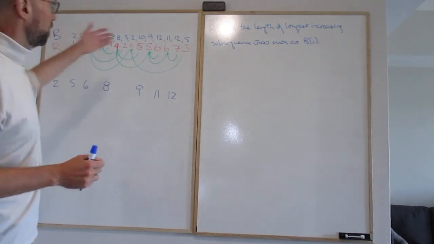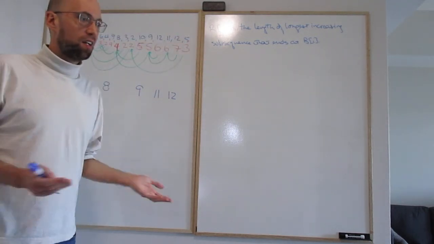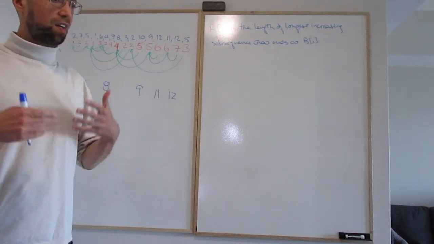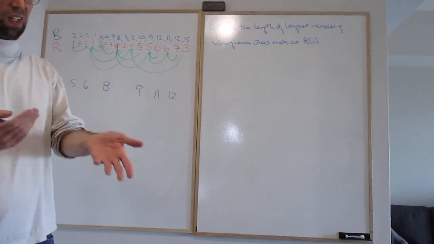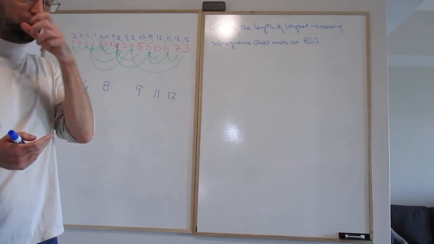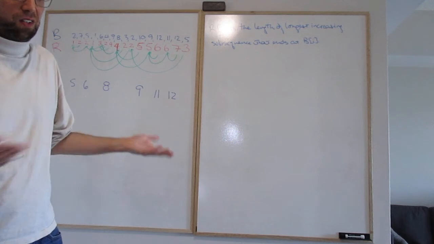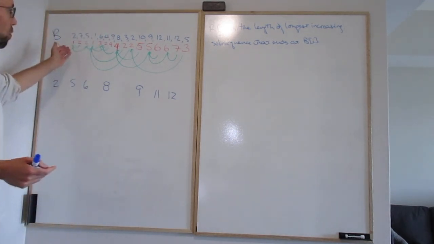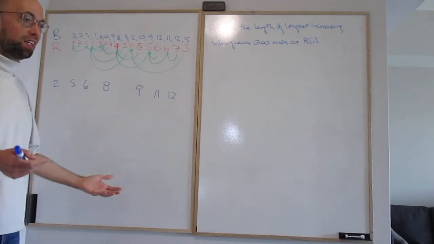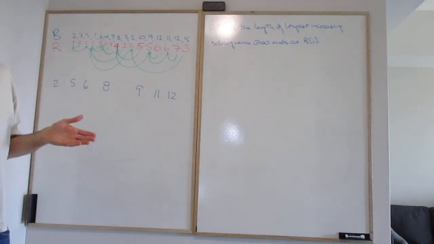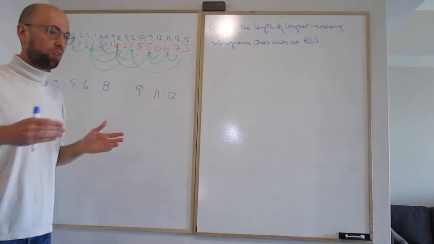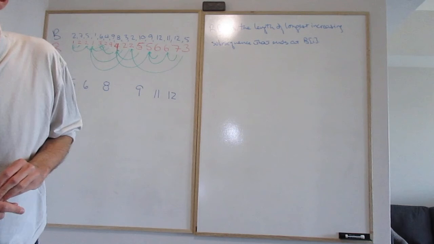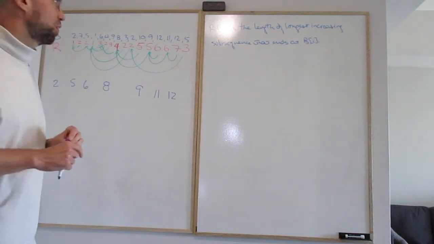Because that way, when we're finished, we just scan R. If we manage to compute R, and we're just returning the length, then we return the largest number in R. And if we want the actual sequence, then we need this array of pointers, which we will call G, and then we find the biggest number in R, walk backwards following the pointers in G and return the sequence. Yes, A should be R, sorry.